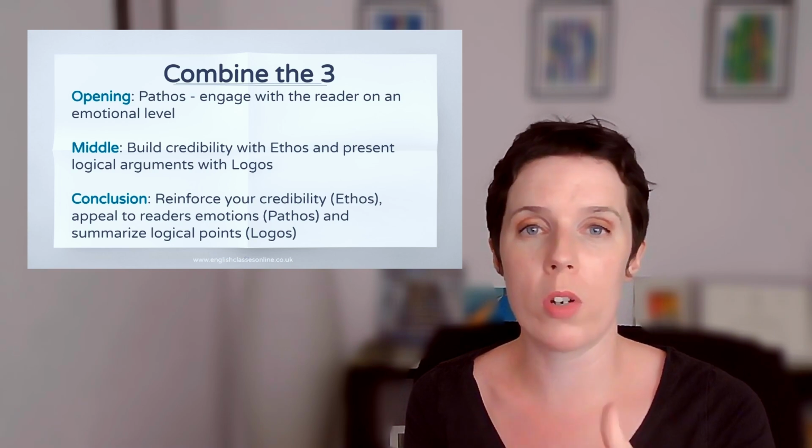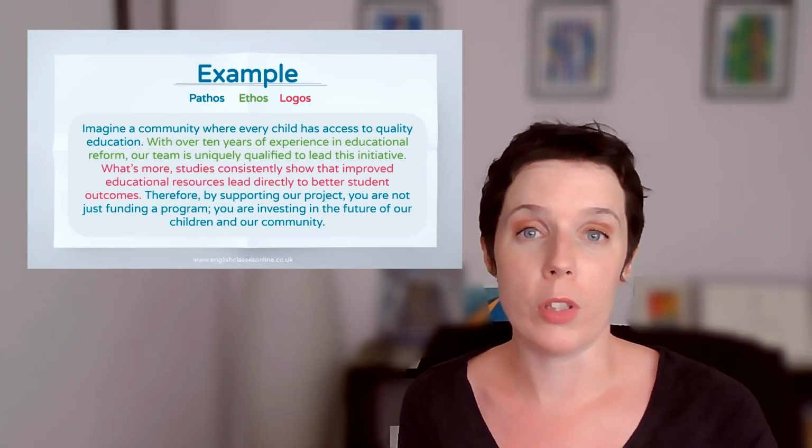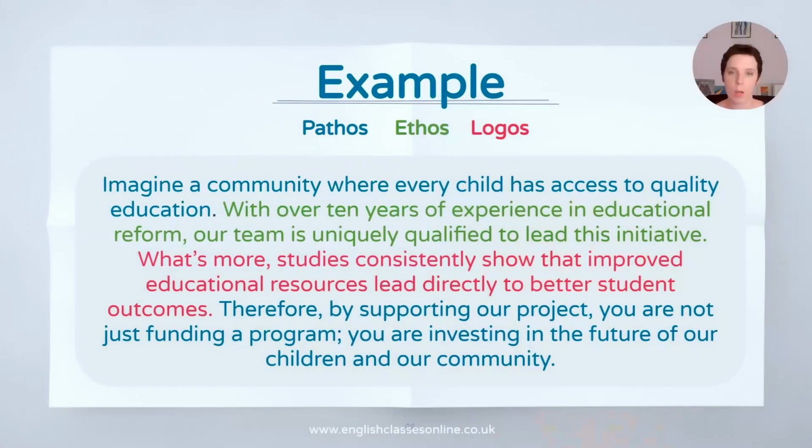So if you're wondering what all of this will look like when it's combined, I've got a little example for you here. Let's take a look at this paragraph from a proposal. We've got it colour coordinated, pathos in blue, ethos in green, and logos in red. Imagine a community where every child has access to quality education, appealing to emotions there. With over 10 years of experience in educational reform, our team is uniquely qualified to lead this initiative, building credibility with ethos.